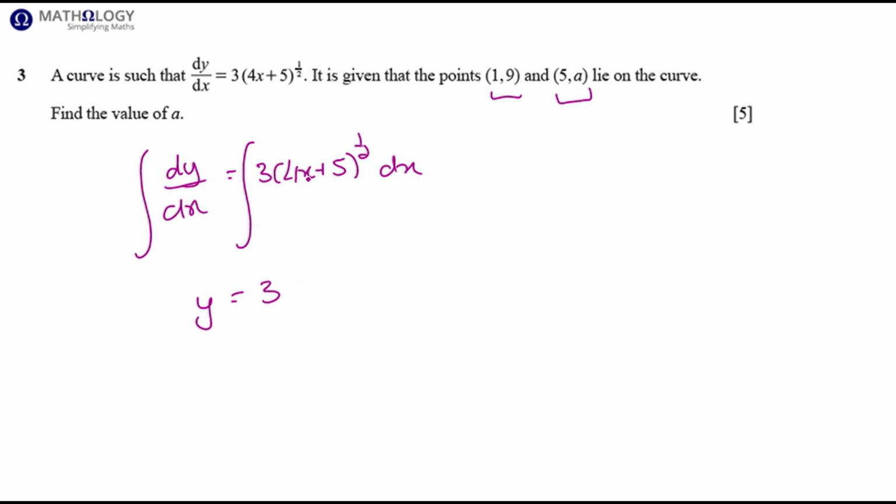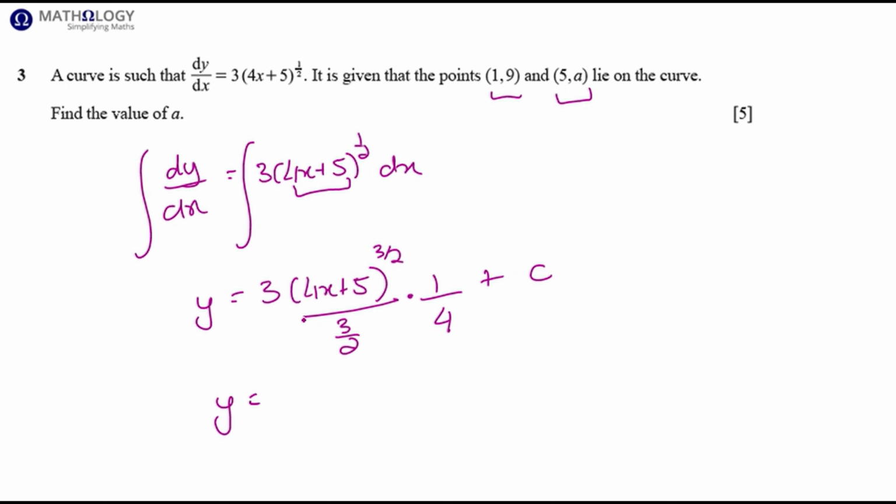We are now going to be integrating (4x + 5) to the half. So we add 1 to a half to give us 3 over 2. We divide by this exponent, 3 over 2, and we also divide by the derivative of the content of the bracket with respect to x. So the derivative of 4x will be 4. So we'll be multiplying by 1 over 4, and we add the constant of integration.